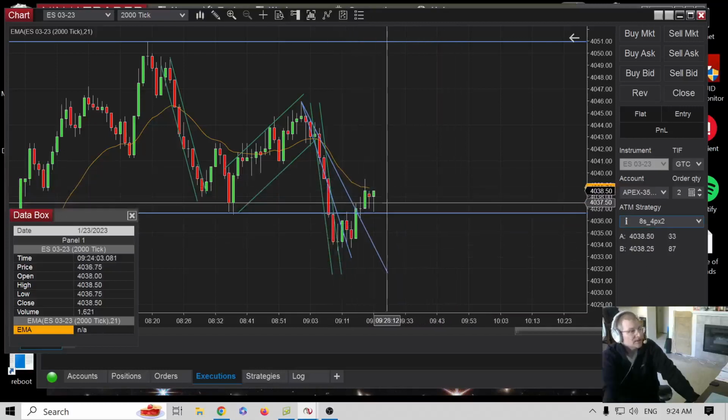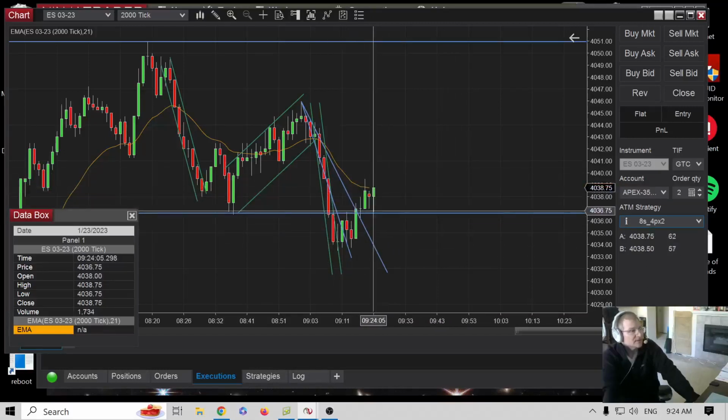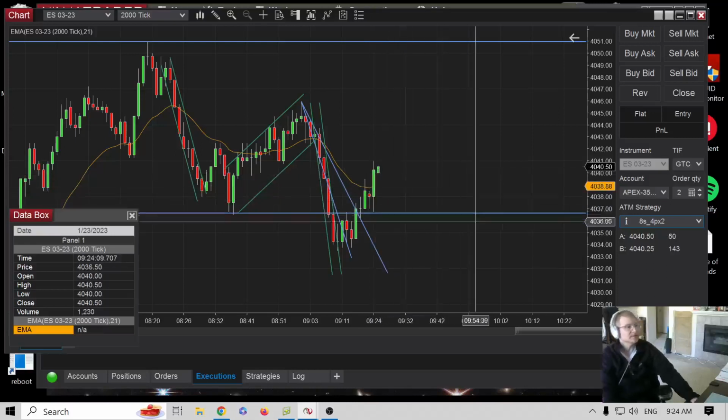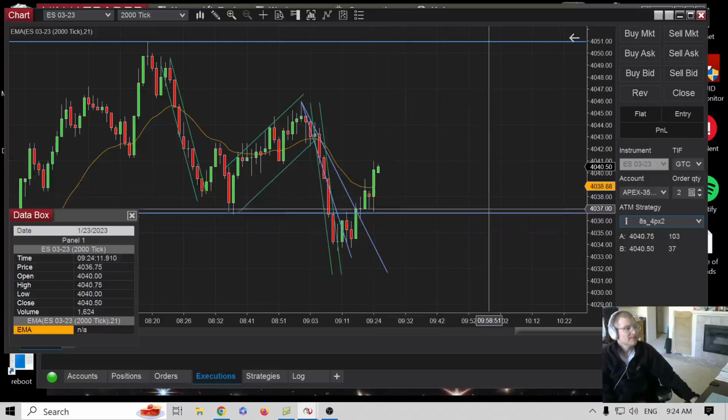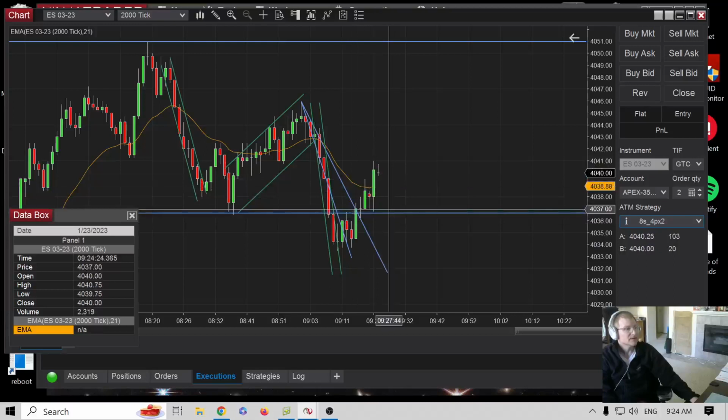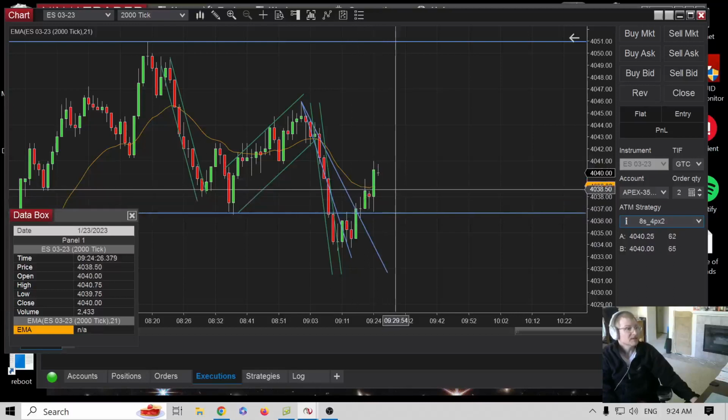Here, okay, so we got our attempt to go short, and bam, look at that. Holy smokes. People get trapped on that. See, that's why you do not rush in. If I was thinking, as I was, that first short, second attempt to go short, but now it's a failed second entry short. We're above EMA.